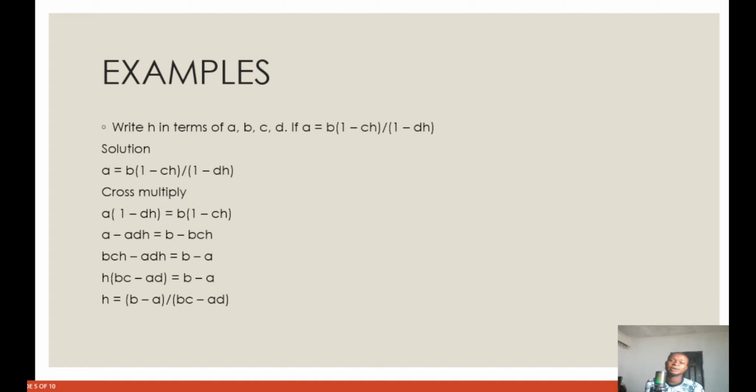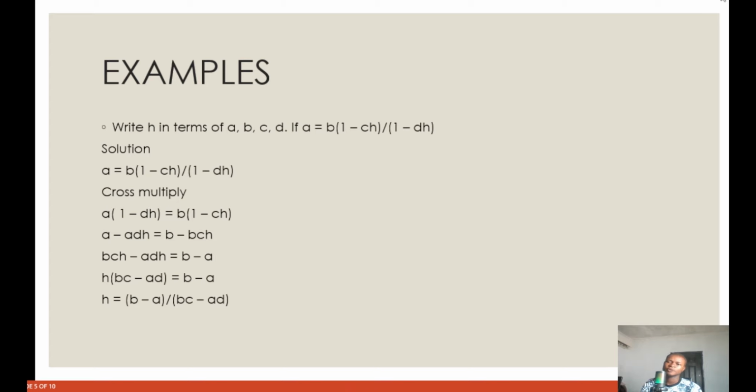In this case, we have a equals b into brackets 1 minus ch, all over 1 minus dh. I will show you how to go about this so that we can follow my procedure.